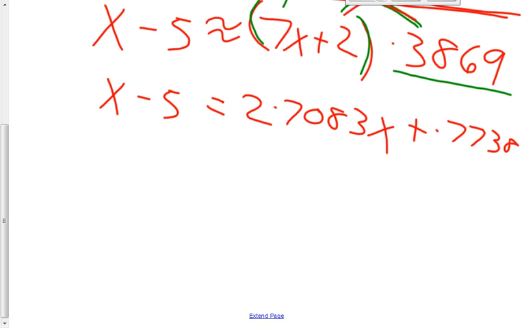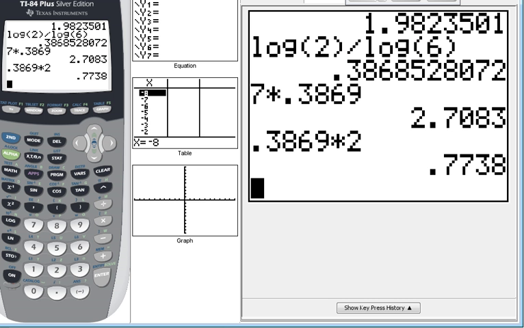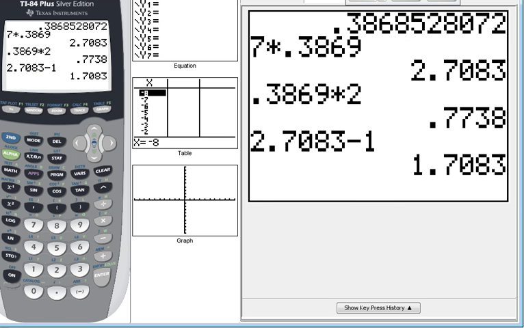So now I'm going to get all my x's to one side and all my numbers to the other side. I'll probably subtract 1x here. So 2.7083 minus 1 is 1.7083.